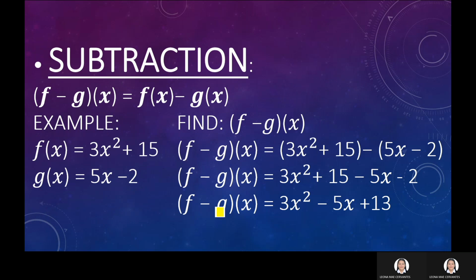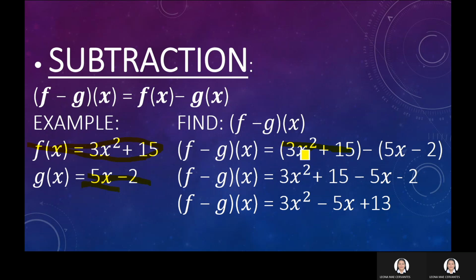Next, another example for subtraction. We have f minus g of x equals f of x minus g of x. So the value for f of x is equal to 3x squared plus 15. And for g of x, we have 5x minus 2.